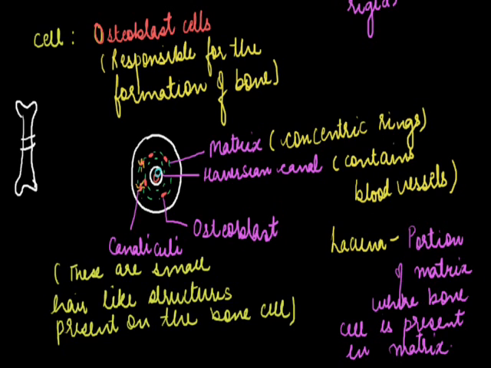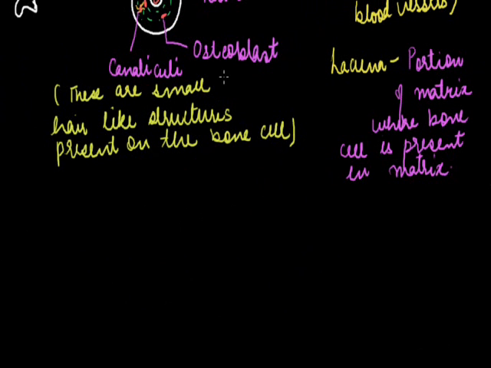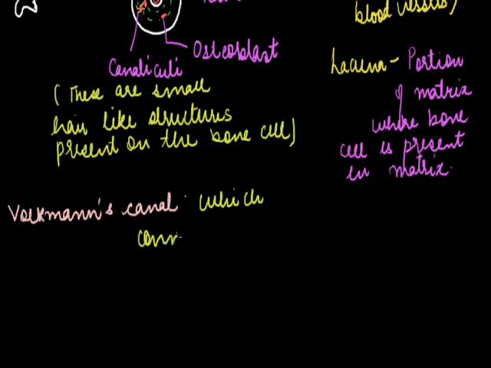This is the TS of the bone. The matrix is in concentric ring form, and in the center there is the Haversian canal. Now there is one more thing that is called the Volkmann's canal. The Volkmann's canal is a canal which connects two Haversian canals.